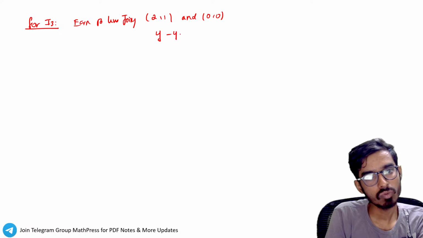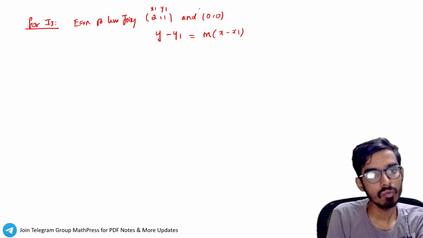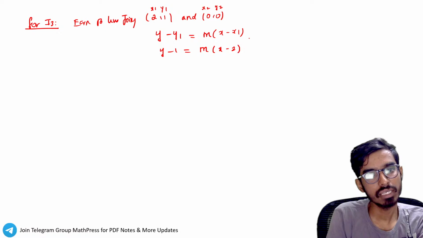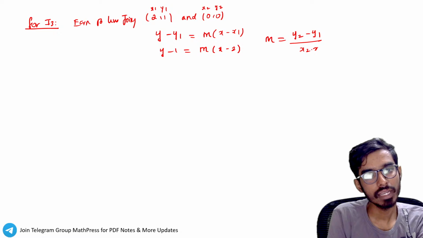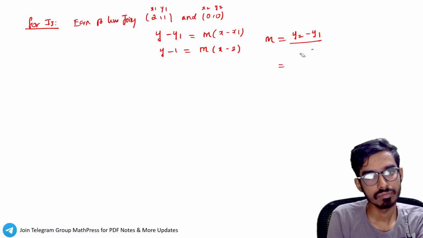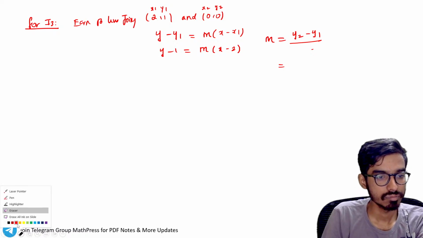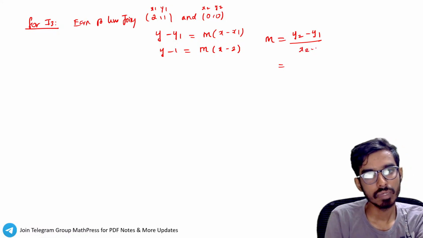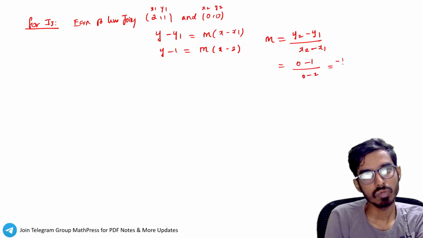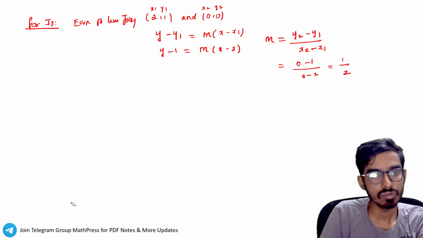This will be y minus y1 is equal to m into x minus x1. So this is x1 y1, this is x2 y2. So what is m? m is the slope, y2 minus y1 divided by x2 minus x1. So minus 1 by 2, this is plus 1 by 2.